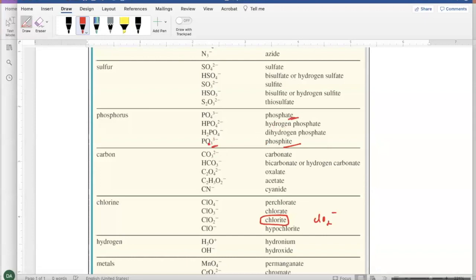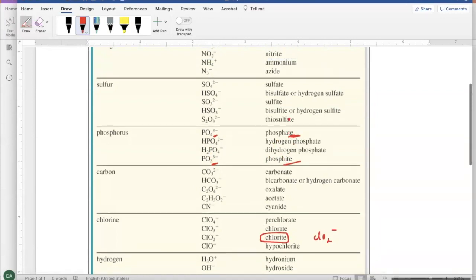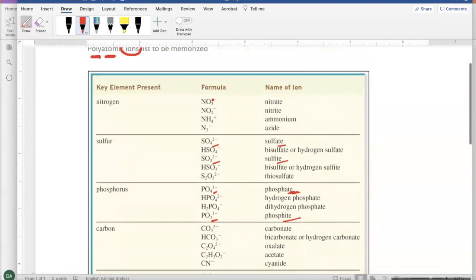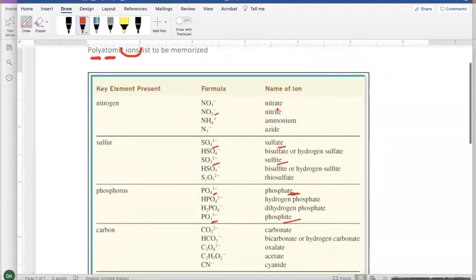Phosphate should be 1 more than 3, and it is actually 4. So phosphate or any ate is going to have 1 more oxygen than ite. You can see that here as well. Sulfite is 3 oxygens, sulfate is 4 oxygens. Nitrite is 2 oxygens, nitrate is 3 oxygens. That's one thing that you can keep in mind.